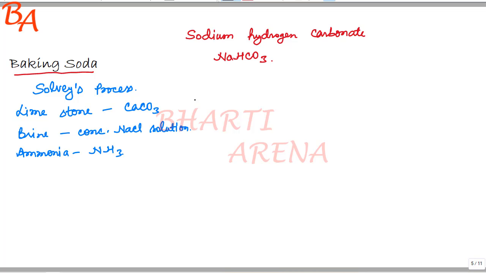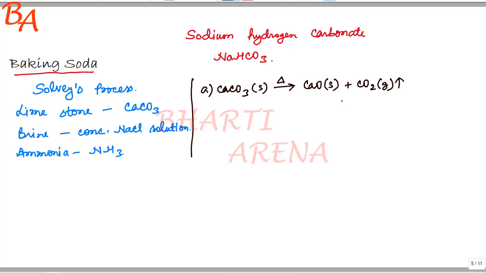In this reaction, first limestone is strongly heated to get carbon dioxide gas. Calcium carbonate, in solid form, is strongly heated to get calcium oxide and carbon dioxide gas. It is liberated as gas from the mixture.